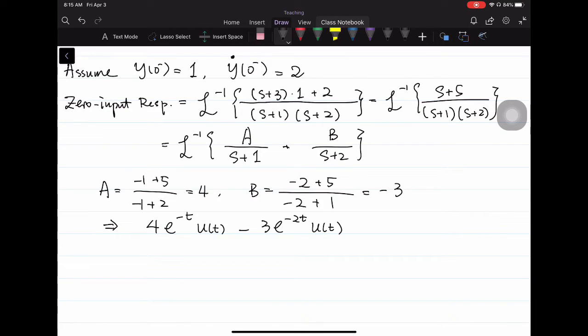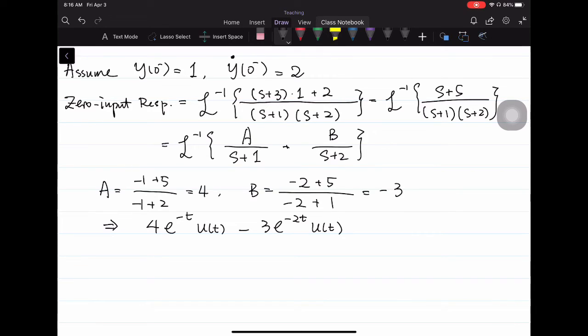And again, you can check whether or not this is correct by using the chapter 2 method. And I strongly encourage you to do that and make sure you're able to do the calculations. And of course, as far as the exam is concerned, as I mentioned, I won't force you to use a particular method to solve zero input response, zero state response, unit impulse response, and so on.